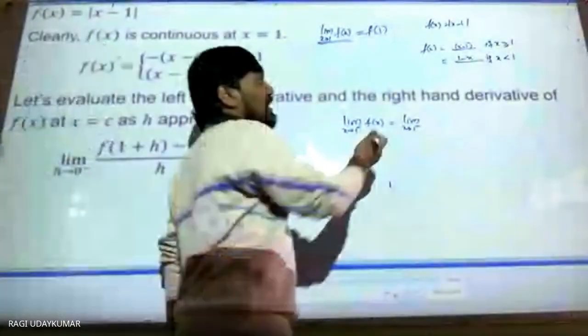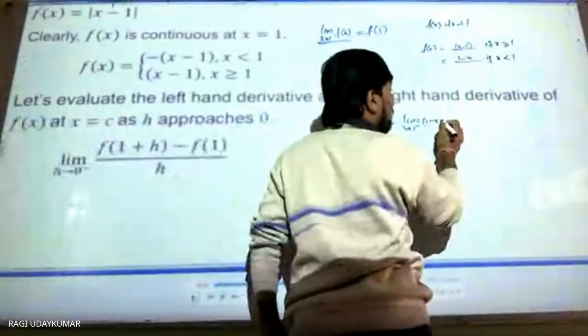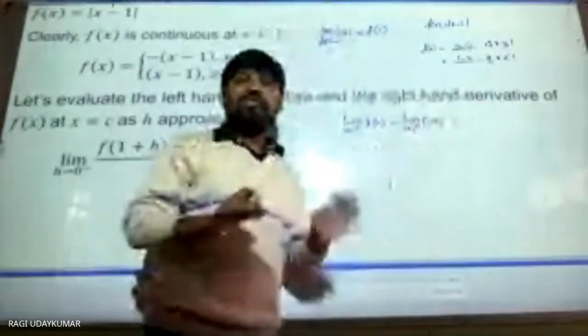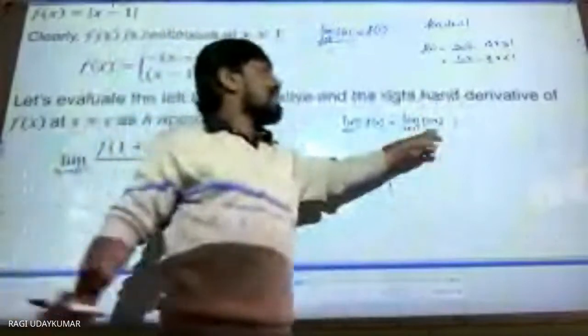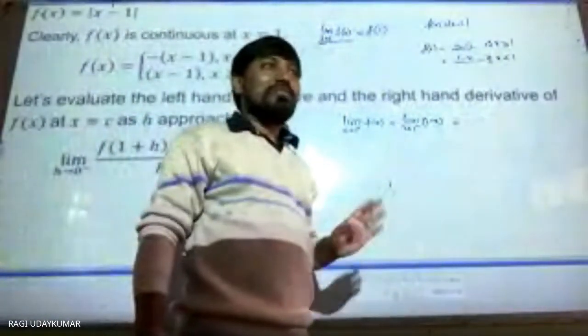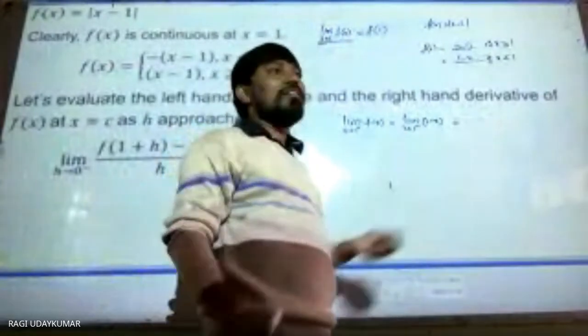So approaching 1 from less than 1 is nothing but 1 minus x should be taken. But do remember that most of the students will get confused at this point: whenever you take 1 minus x, should you substitute minus 1? No. You are not supposed to substitute minus 1. What is the meaning of this one?